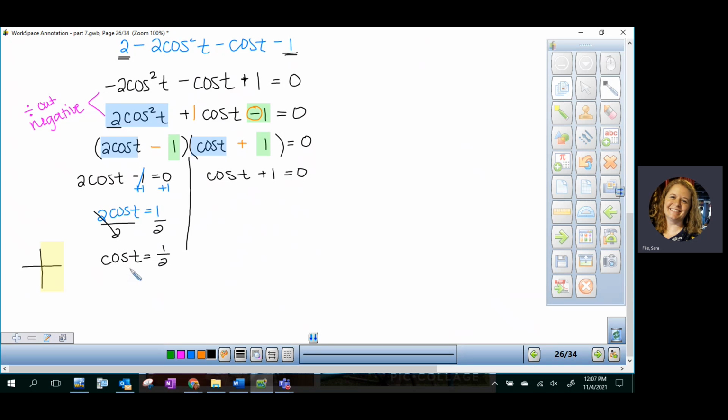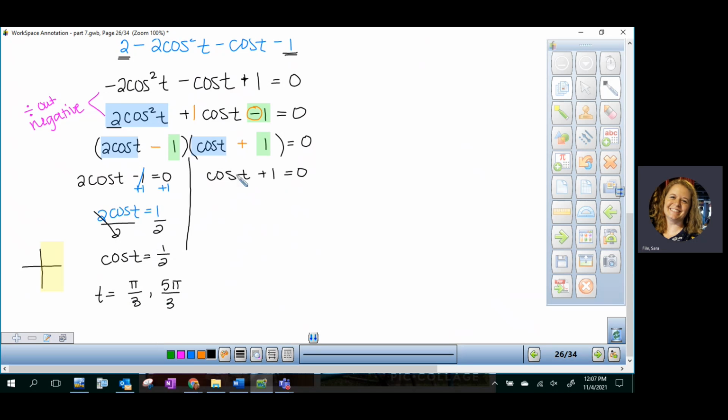Look and see at what angles the x is 1/2. Or if you have your reference angles memorized, you should know that cosine is 1/2 at pi thirds or 60 degrees. So it's the pi thirds angle in these two quadrants. So in quadrant 1, that's just pi thirds. And in quadrant 4, it's 5 pi thirds. So those are two of the solutions from this factor.